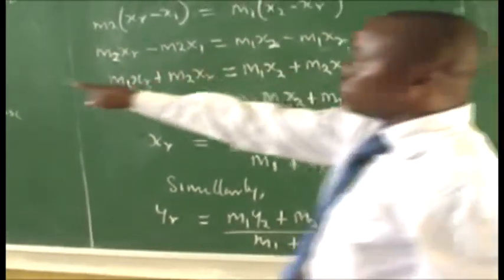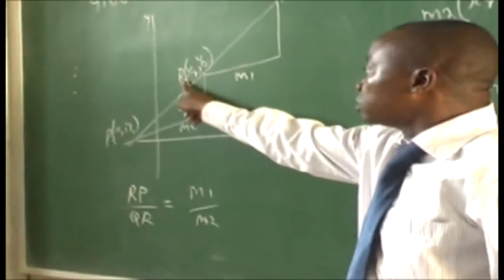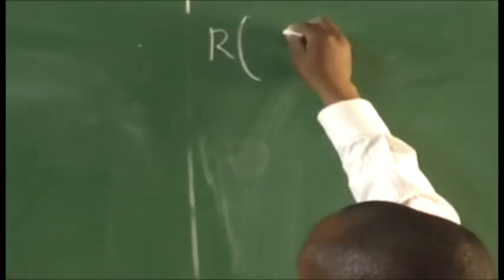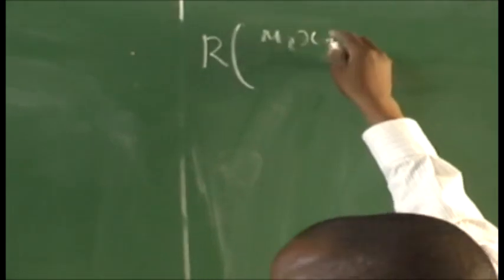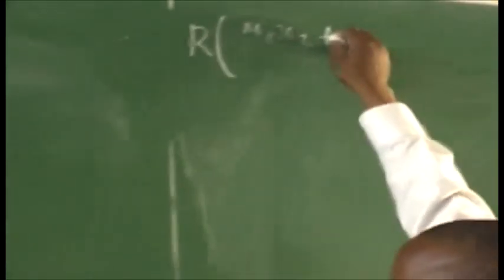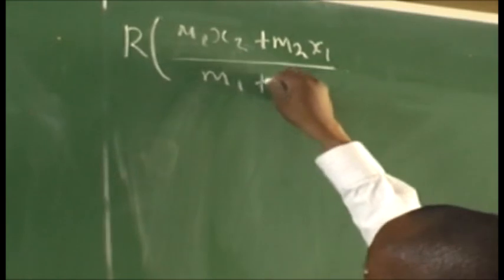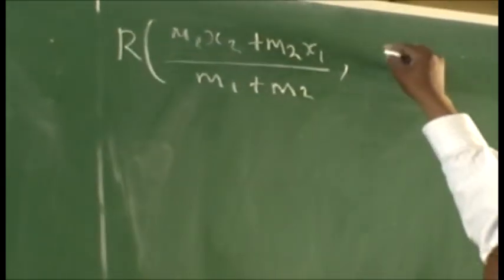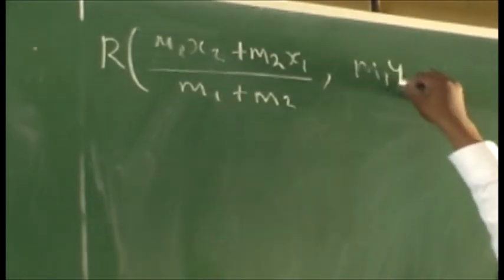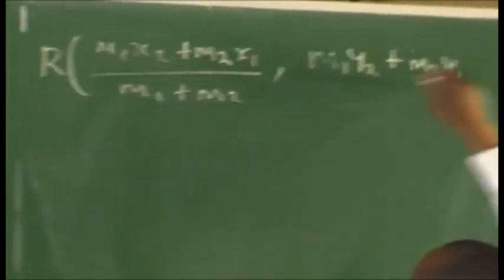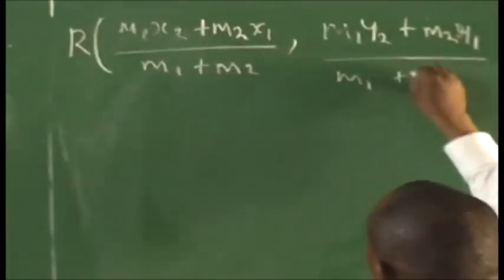So, if the point is R, such as what we chose here, this point will be point R, it means that the coordinates of R is given by M1 X2 plus M2 S1 all over M1 plus M2, and M1 Y2 plus M2 Y1 all over M1 plus M2.